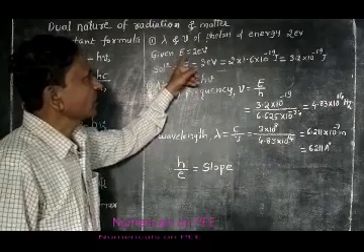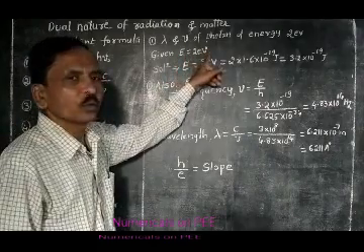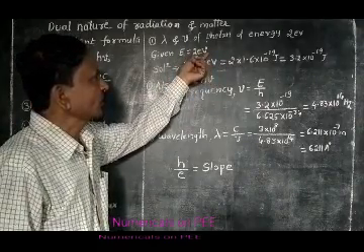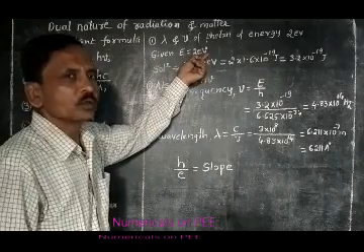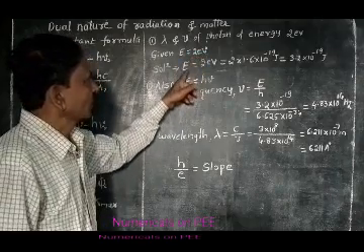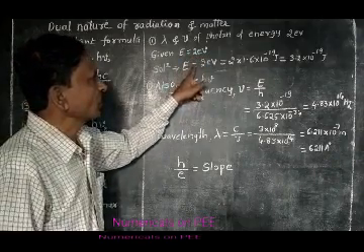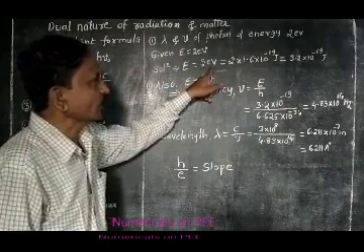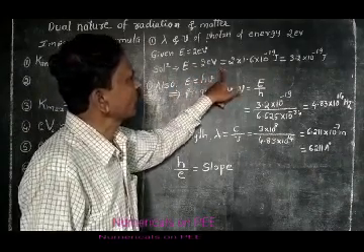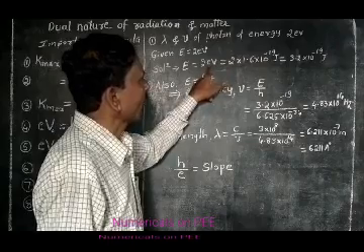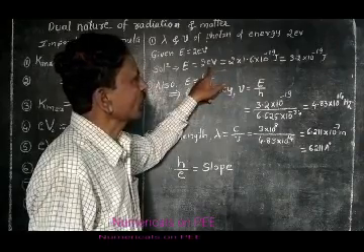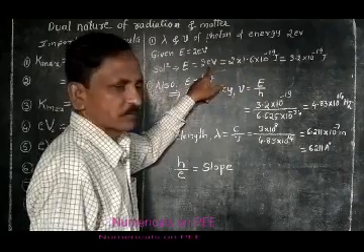Given that E equal to 2 electron volt, convert this energy into joules. Solution: multiply with 1.6 into 10 to the power minus 19.